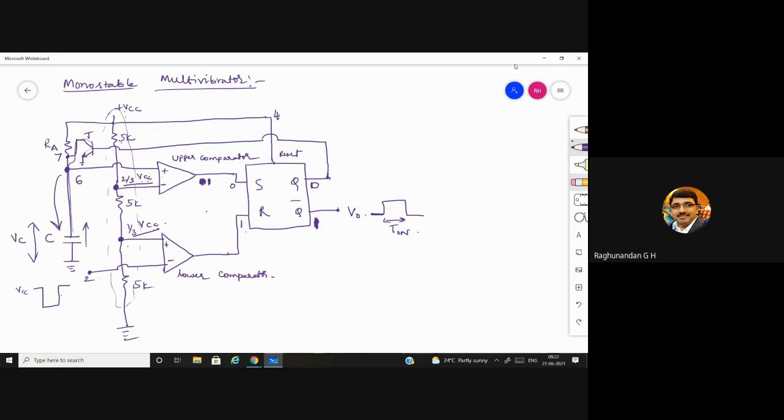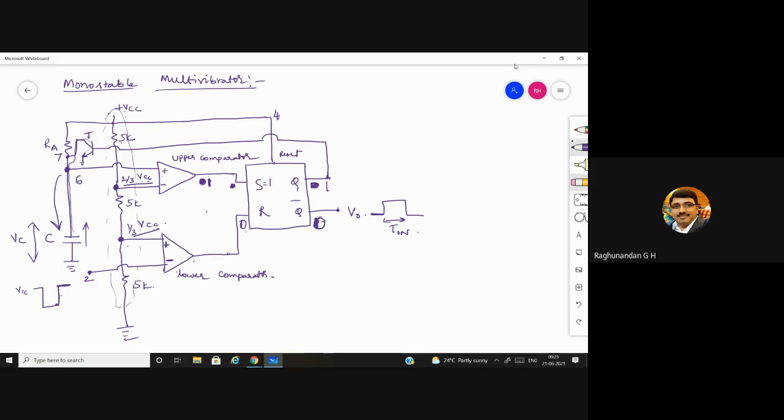Meanwhile, when this is going high, we'll be getting a positive triggering pulse here. When you get a positive triggering pulse, the negative terminal will become greater than the positive terminal of this lower comparator, such that the output goes to 0 here, and here the output has come to 1, such that S is equal to 1, so Q will become 1, and this becomes 0 because the lower comparator output is 0.